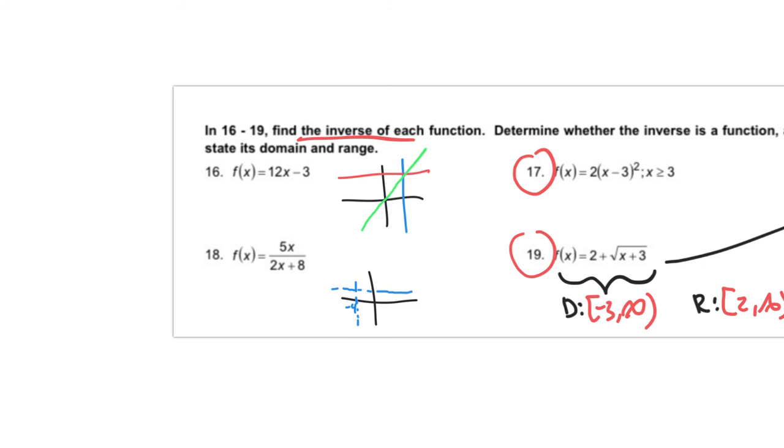And the reason I know that is because the degree of the top matches the degree of the bottom. When that's the case with a rational function, you know that there's a horizontal asymptote at the fraction formed by the coefficients, 5/2. And if you were to graph this, it would end up looking kind of like that.